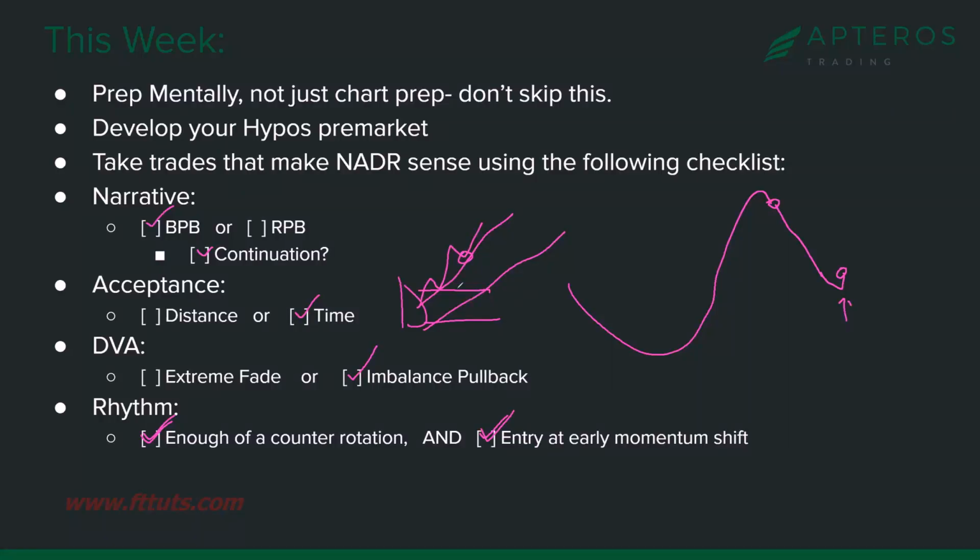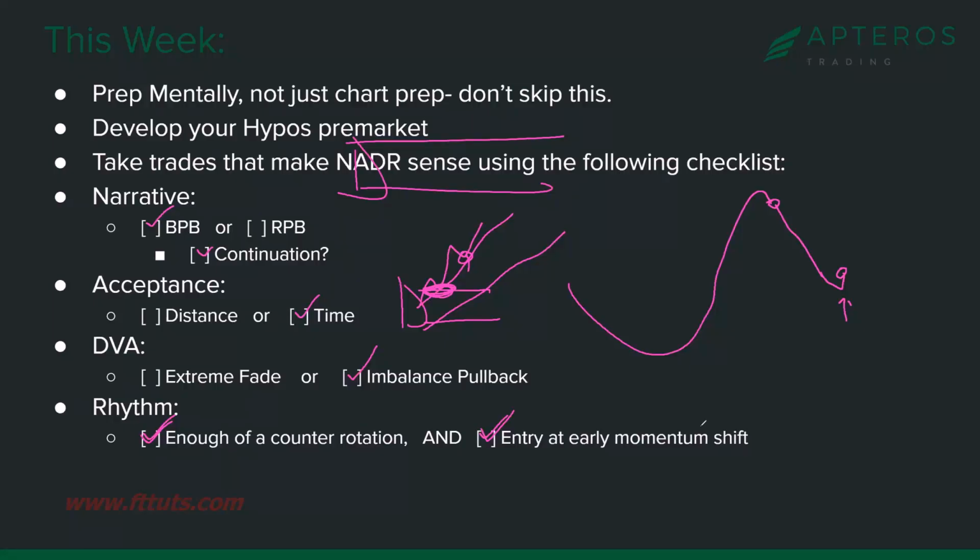Enough of a counter rotation and a momentum shift where I pulled the trigger. If you're going to lean on Heikin Ashi for your momentum shift turning points, this is a continuation play because it's not from the reference, and we haven't hit a destination. It's in open space between the areas.